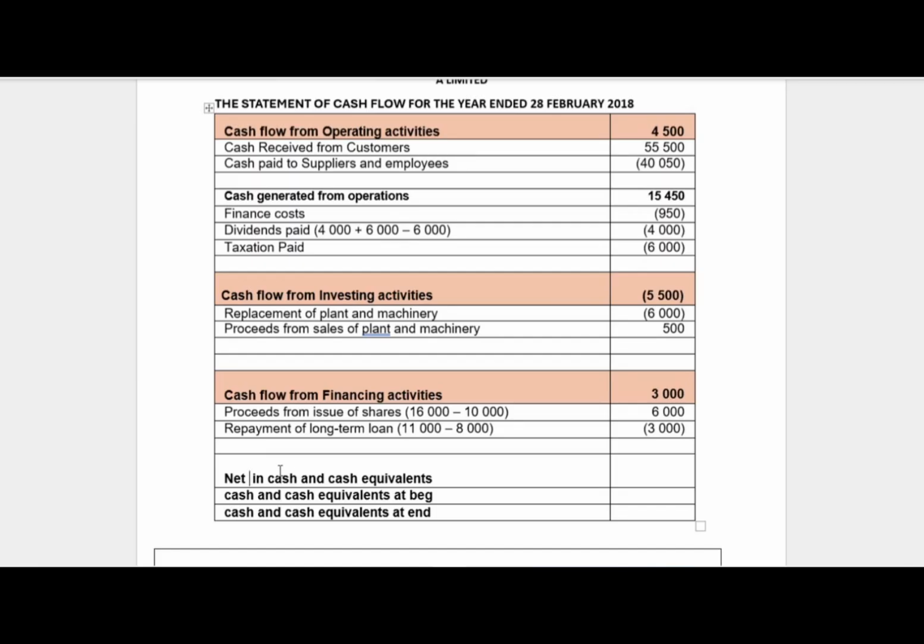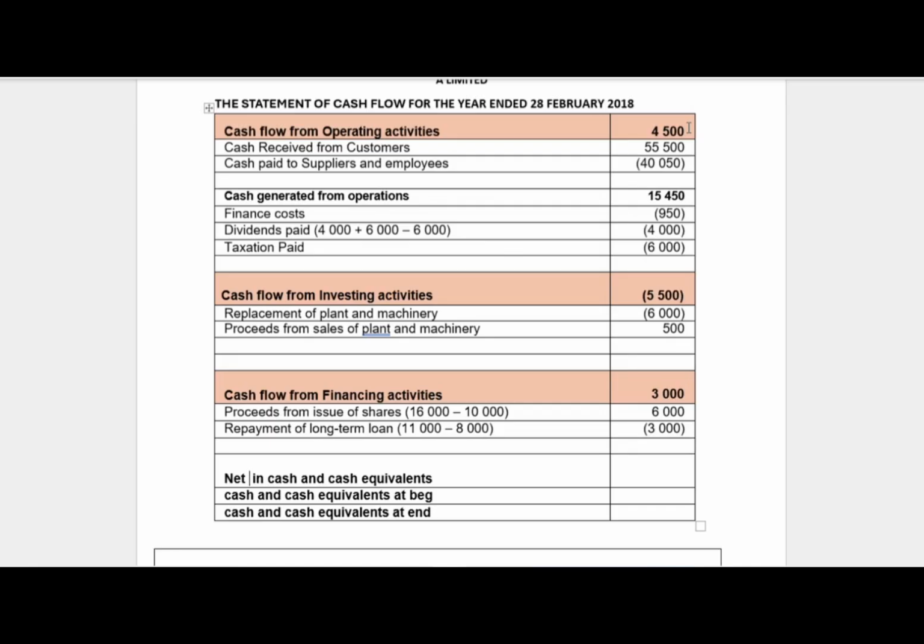So to calculate net cash and cash equivalents, to determine whether there's an increase or decrease, we are going to say cash flow from operating activities is going to be 4,500, less your cash flow from investing activities because there are outflows, and then you add your cash flow from financing activities of 3,000.